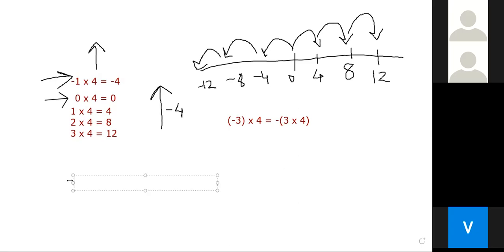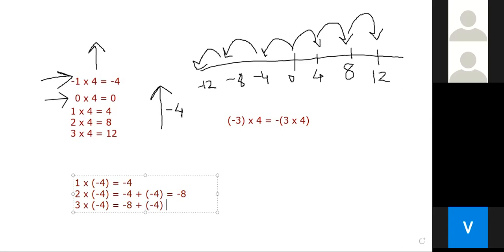So what you need to do, it will be similar like this. 1 times -4 equals -4. 2 times -4 is going to be -4 plus -4 equal to -8. 3 times -4 equals -8 plus -4 equals negative 12. Okay, and you can continue this way.